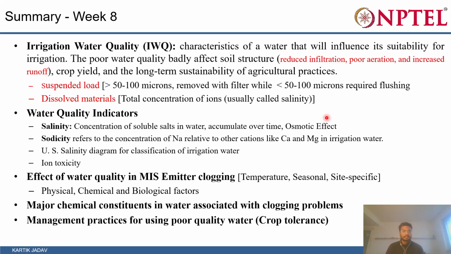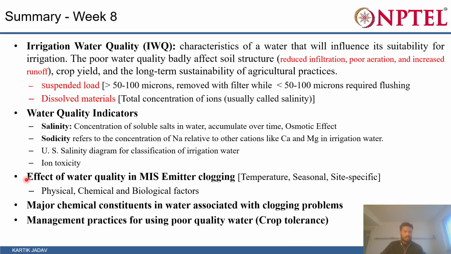Finally, we have talked about iron toxicity and other water quality parameters. But the main things are salinity and sodicity, as these are the most common, fundamental problems in most arid regions due to the higher evaporation.